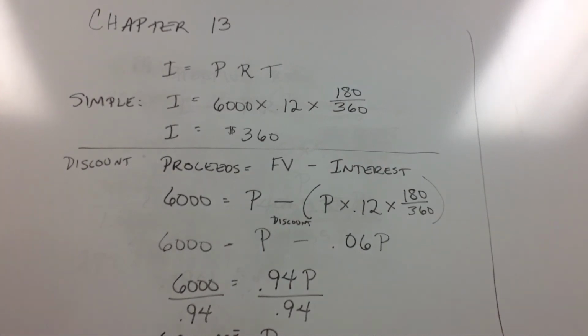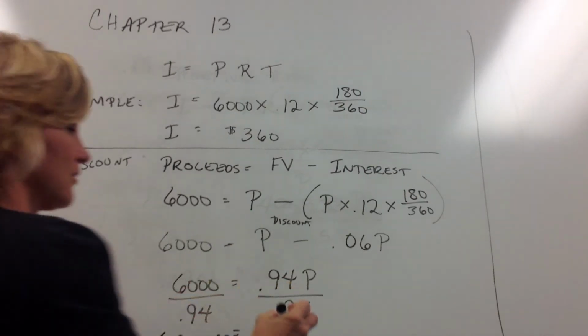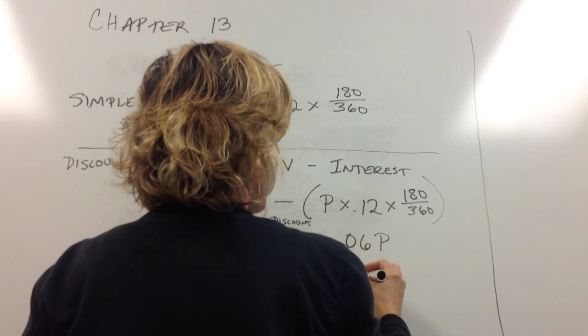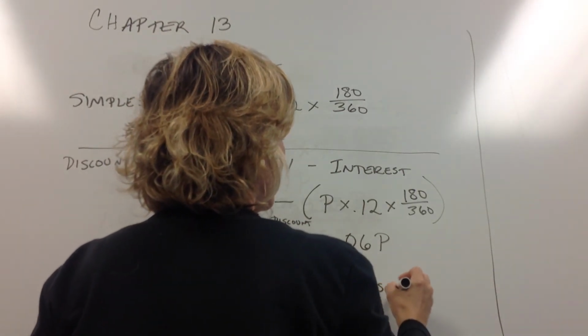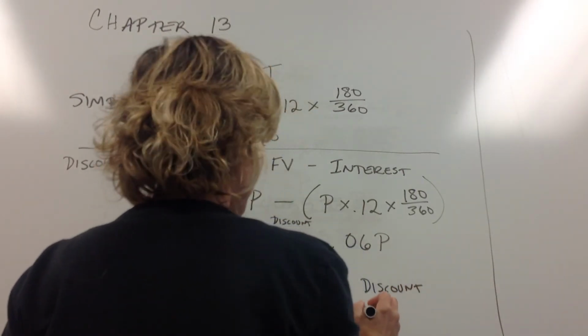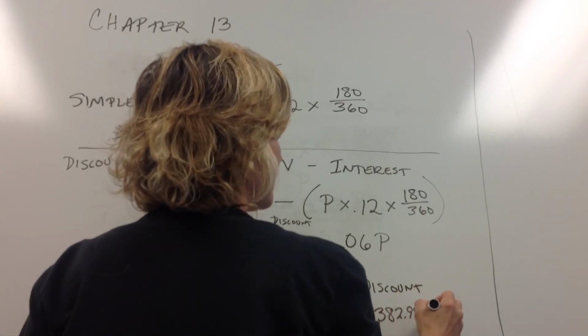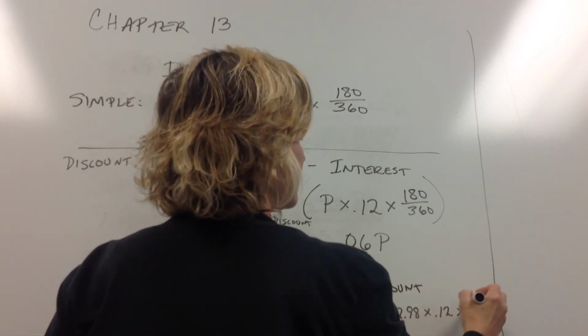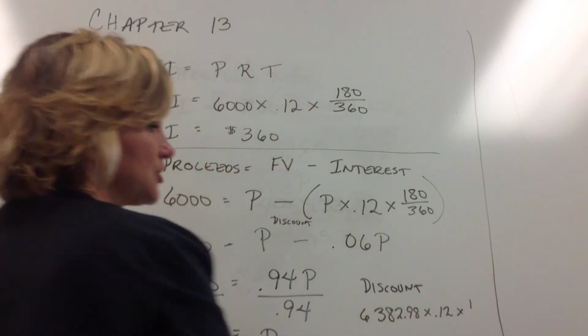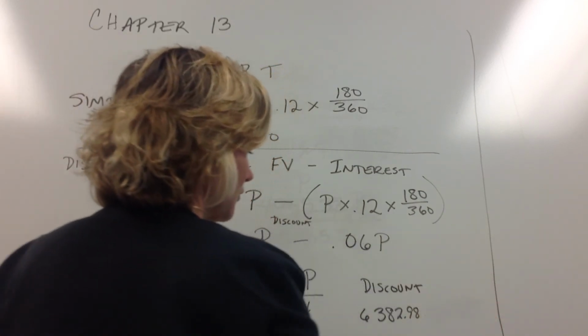And then I'm running out of room on my board. But then to calculate what that discount is, if I squeeze it in over here, it's going to be the $6,382.98 times the 12%, or we can just subtract it. We don't even have to go through the math of it.